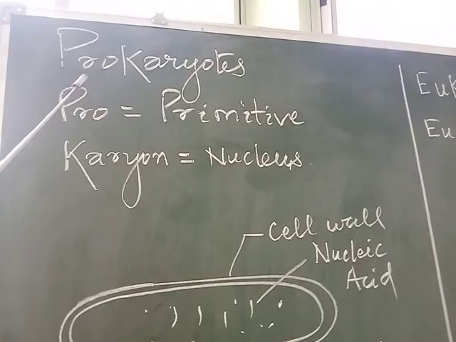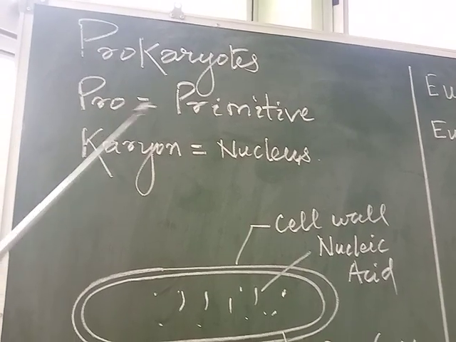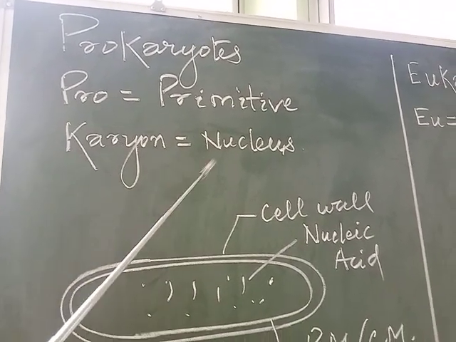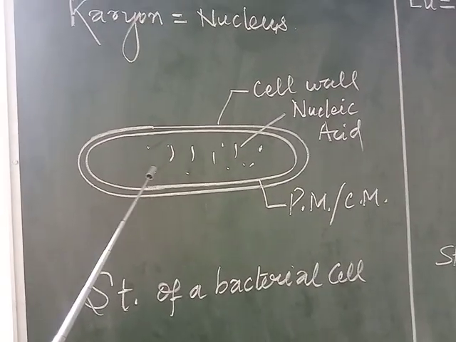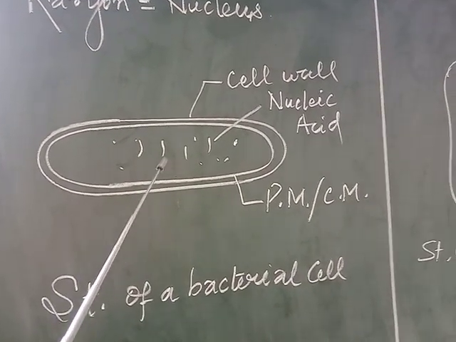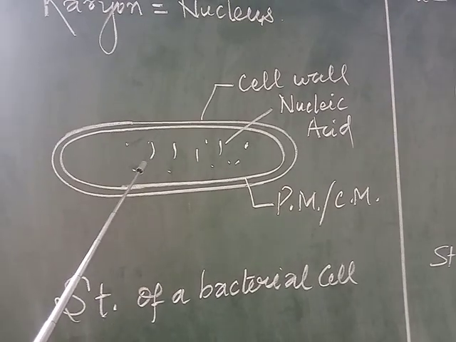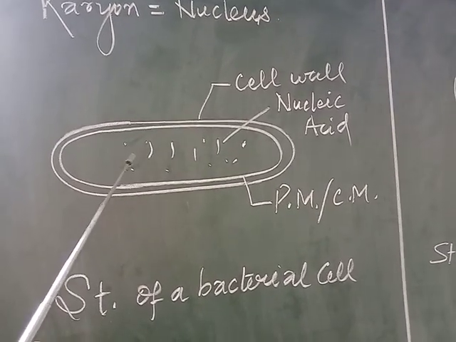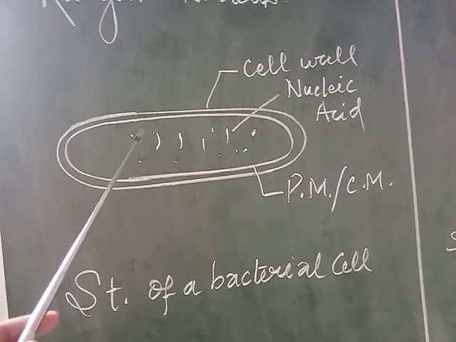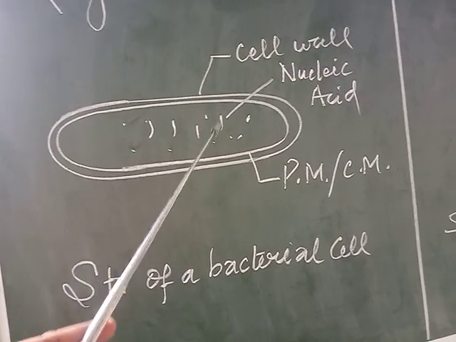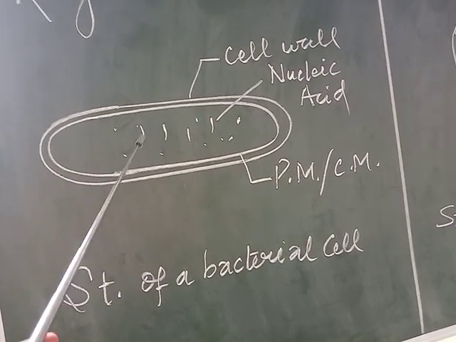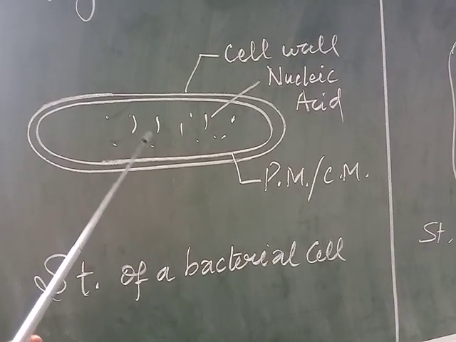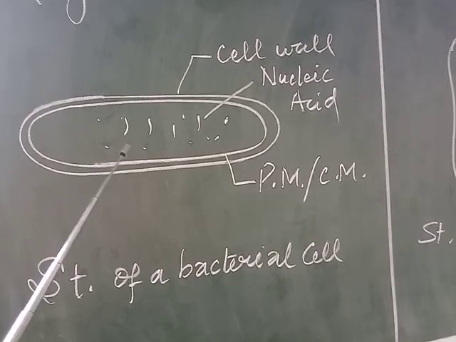So we know the meaning of prokaryotes. Pro means primitive, karyon means nucleus. We have discussed the structure of a bacterial cell, where we have seen the nucleic acid, which is the genetic material, lies within the cytoplasm. There is no nucleus or structure bounding these nucleic acids. The nucleic acids lie dispersed directly within the cytoplasm, so they are called prokaryotes.